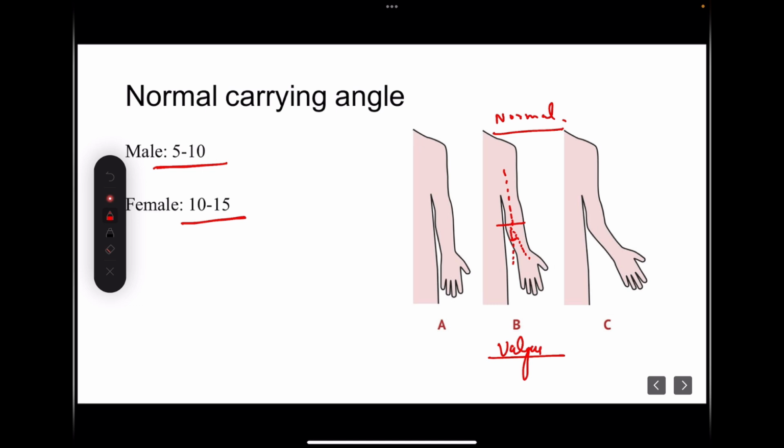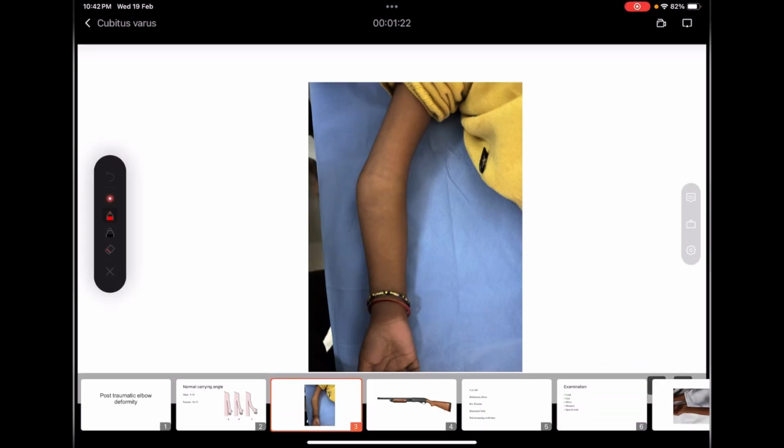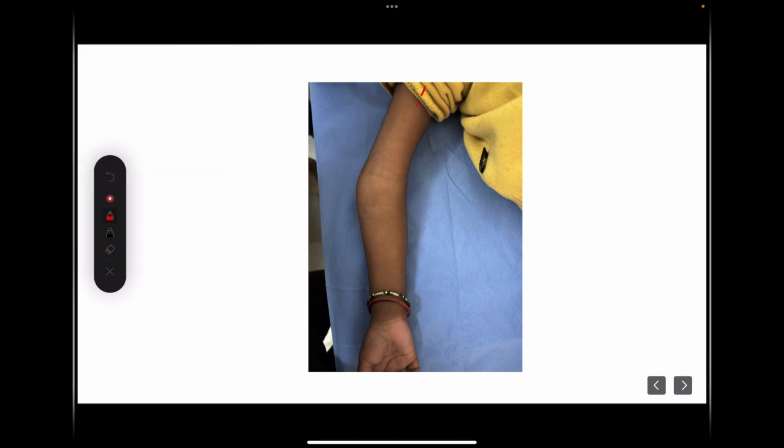But if the angle is less than 5 degrees, then it becomes cubitus varus. And if the value is more than 50 degrees, it becomes cubitus valgus deformity. In this lecture, we will be discussing cubitus varus deformity. This picture shows a line along the long axis of the arm and a line along the long axis of the forearm giving us an angle of nearly 30 degrees, but this is varus, not a normal valgus angle.